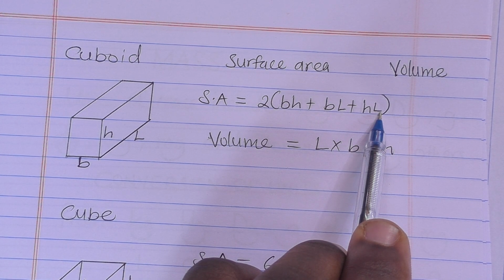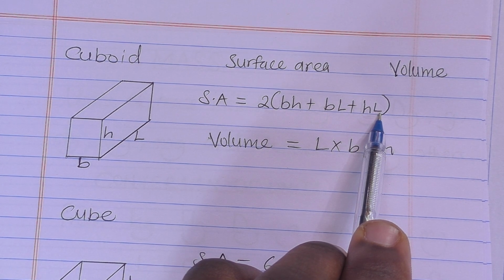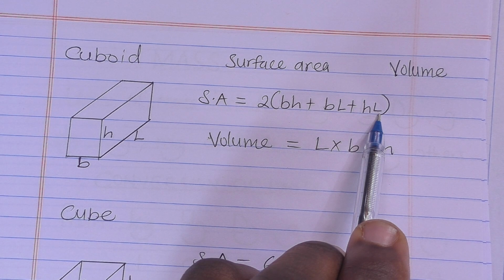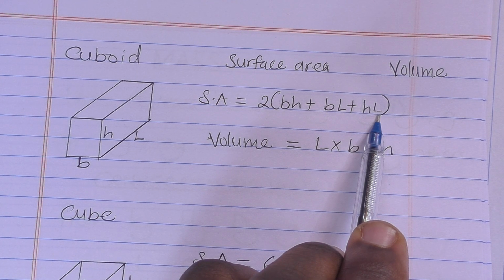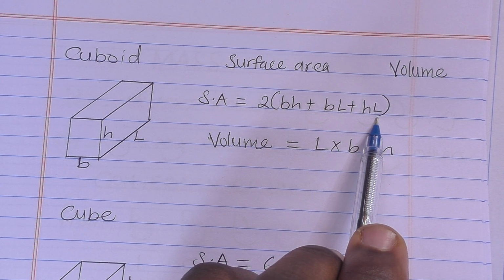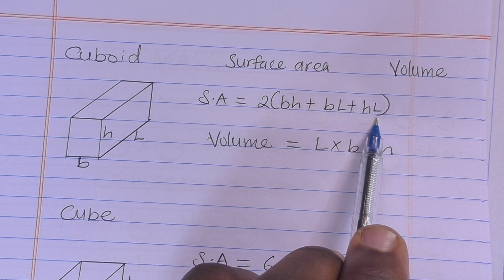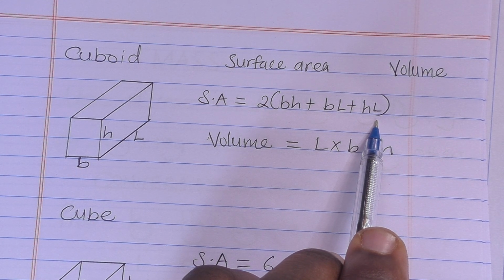A cuboid, you can take an example of a box whose length is different from the breadth. Otherwise, we also have a box whose sides are equal, that is a cube. But a box whose sides are not equal is a cuboid.